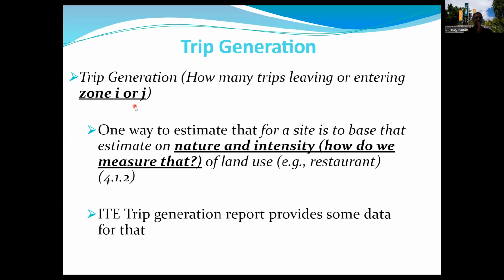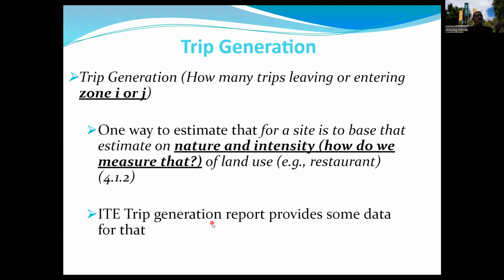For example, if you have a new restaurant coming up and you're trying to figure out how many car trips this restaurant is going to generate, we can use a resource called the ITE trip generation report, and use the data in that report to estimate how many trips are going to be generated.